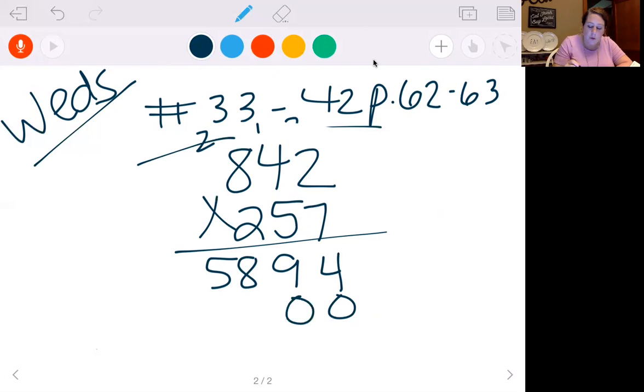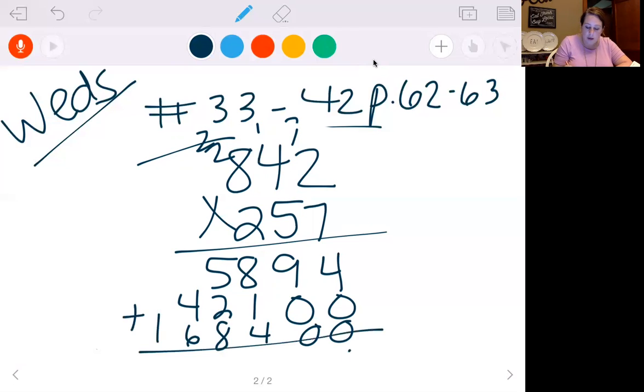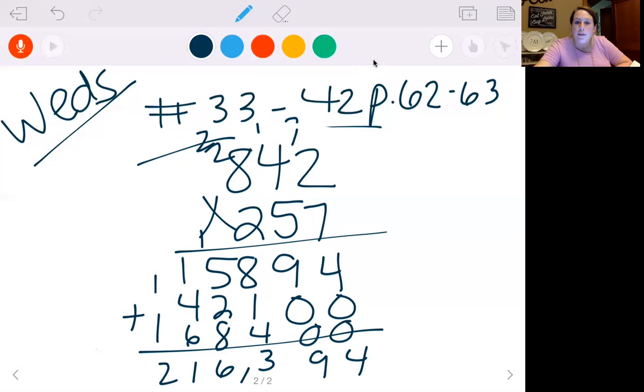Put the 0, carry the 1. 5 times 4 is 20, plus 1 is 21. Put the 1, carry the 2. 5 times 8 is 40, plus 2 is 42. 2 placeholder zeros. 2 times 2 is 4. 2 times 4 is 8. 2 times 8 is 16. So we're going to just add 8, 9, 10, 11, 12, 13, 8, 9, 10, 15, 16, 11, 2. 216,394. That one is correct.